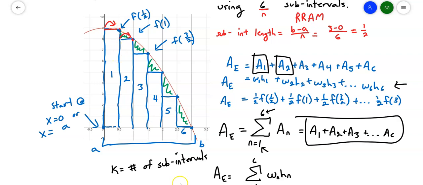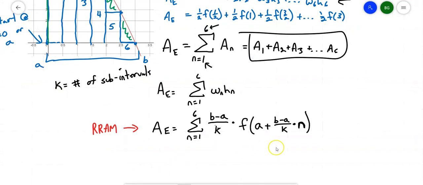Remember, if I'm doing the left-handed approximation method, I'll do it in green. I would go over until the left-hand side hits my function. And so I wouldn't start at f of 1/2. I'd start at f of 0. So thinking about how you could represent this would be a little different.